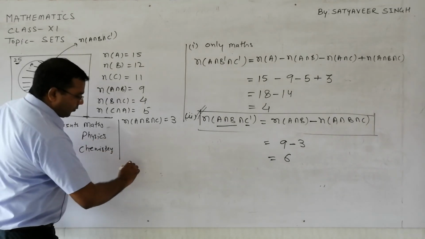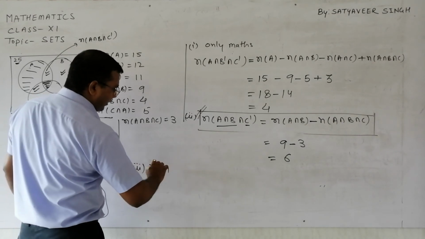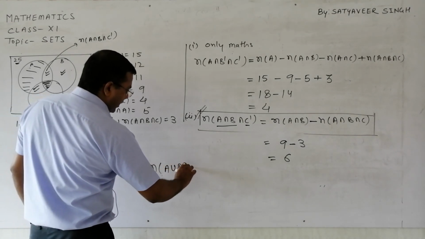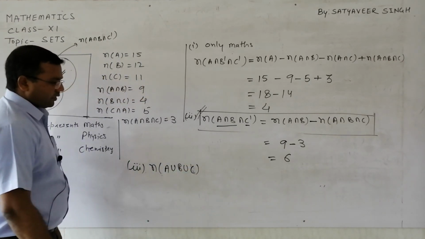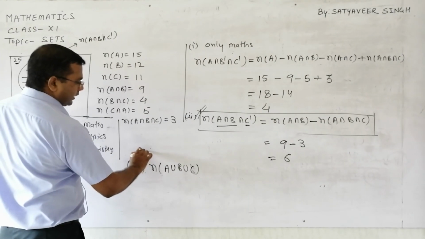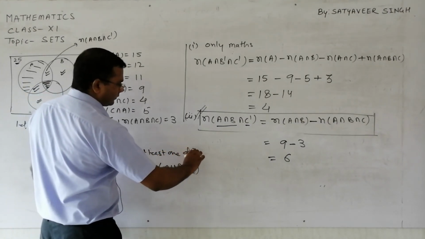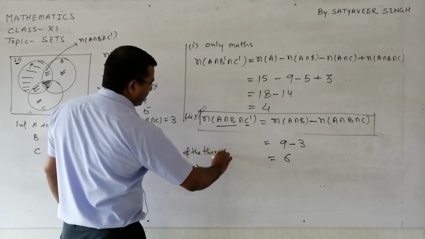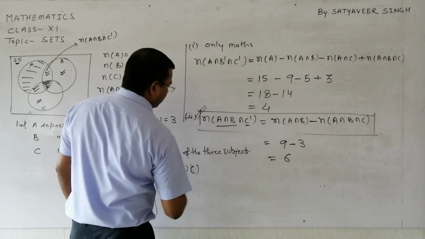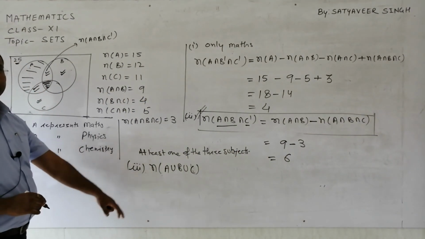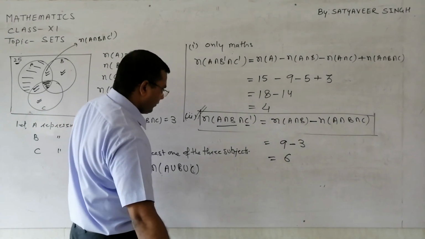At the same time, if you want to find at least one of the three subjects, the question will be the same as we have discussed earlier. It will be A union B union C. It represents at least one of the three subjects. So this you can further explain.